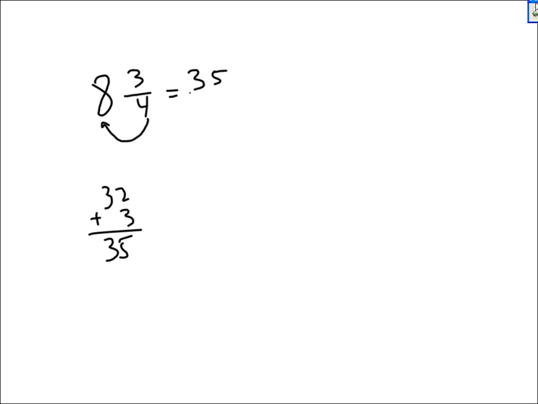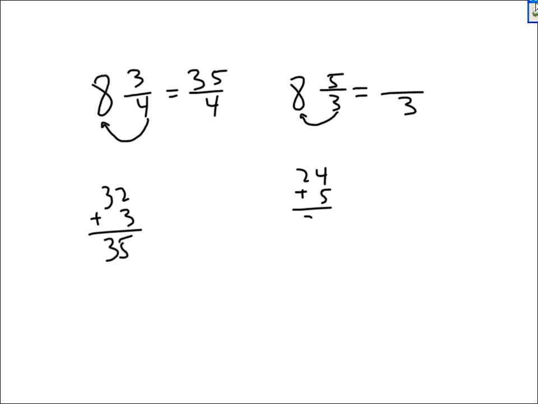A lot of students go home and do 100 of these problems. 4 times 8 is 32. Add 5, and they say the answer is 35 over 4. Then they have 8 and 5 over 3. The 3 stays on the bottom. 3 times 8 is 24.